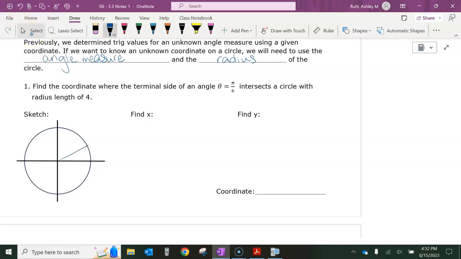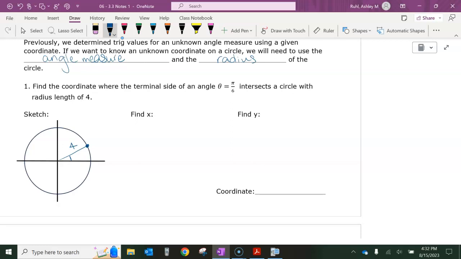So we're about right here. I cannot draw a straight line on here, but this is what we've got. I've got this angle measure here, which is pi over 6, but we have a radius of length 4. And we need to know what the coordinate point is for this.